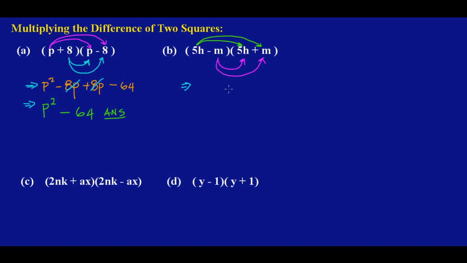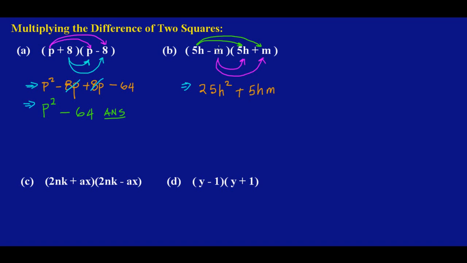that 5h times 5h, so I'm going to multiply 5 times 5 is 25, and h times h is h square. And then I have 5h again. I'm going to multiply that with m, so a positive times a positive will give me a positive 5hm.